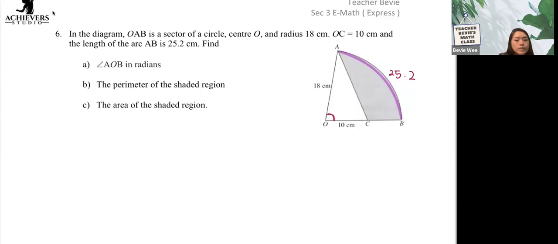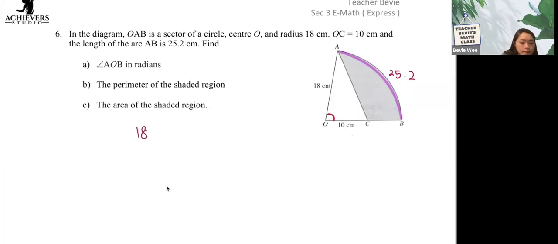Anyone got the angle? Very good job, Denzel. Rian? Michaela? Don't know? What's the formula? R theta, right? Very straightforward one. Radius times theta.